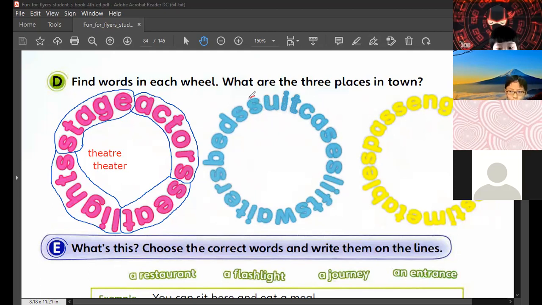So let's go to the blue circle. So the first word. So Thea, this is the only mistake you made. You didn't add the S to the end of some of the words. So the first one, suitcases. Second word, lifts.